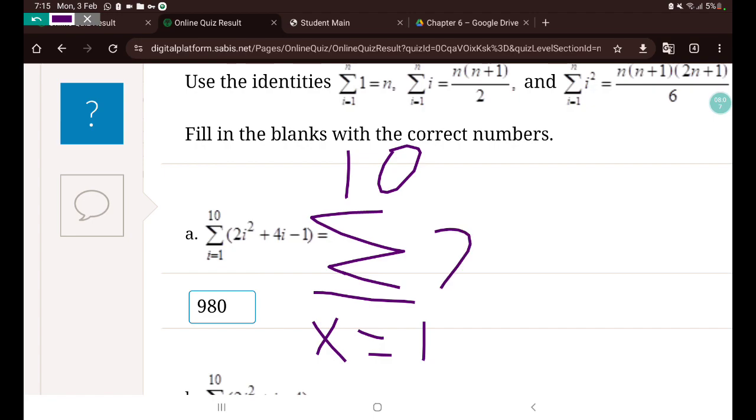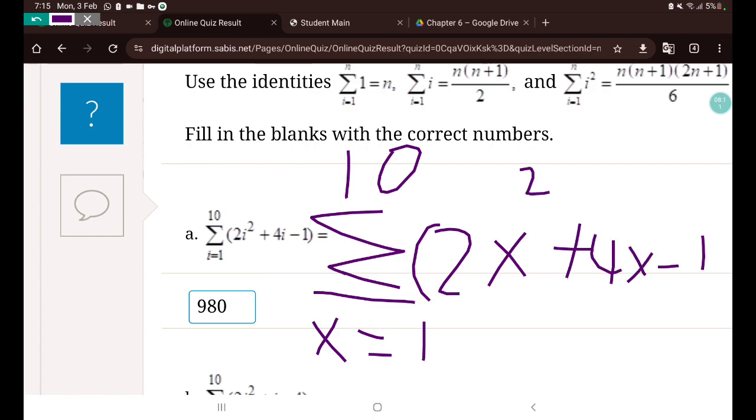You do 2x squared plus 4x minus 1. Down you do x equal 1, and above the sigma looking thing you put 10. You'll get 980.